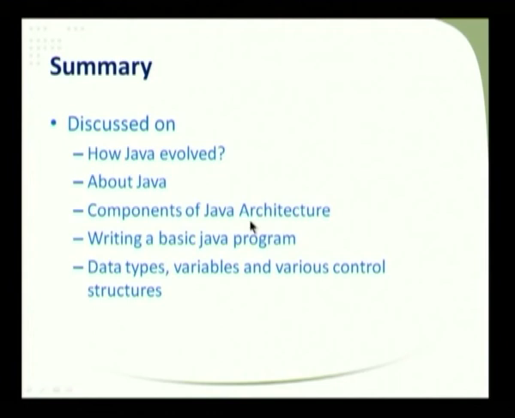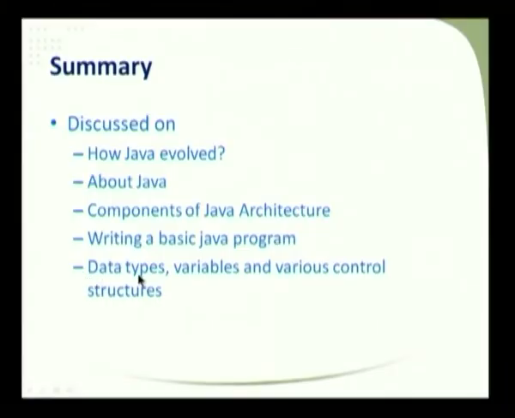Bytecode is the reason for Java being platform independent, and the JVM is installed on the system based on the platform as well as the architecture. Next, we saw that the JVM is the important component of the architecture, the purpose of the class loader, and how the class loader gives us security for Java. We also saw how to write a basic Java program, how to compile it, and what essential things have to be set up for compiling as well as running.